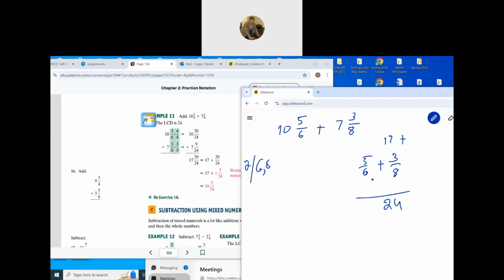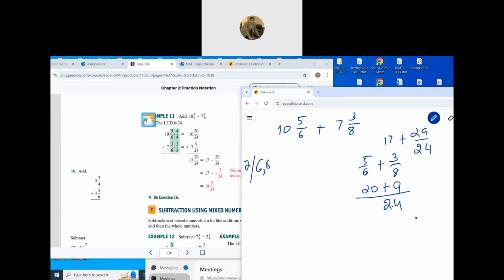Okay, 4 times 5, which is 20. 24 divided by 8, which is what? 3. I'm sorry, 3 times 3, which is 9 here, right? So add these numbers, which is going to be 29 over 24.